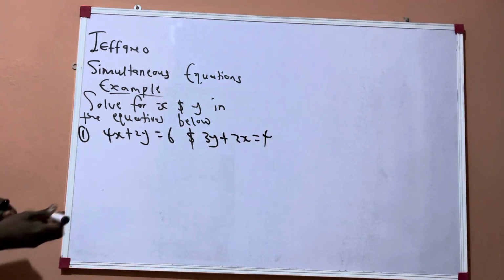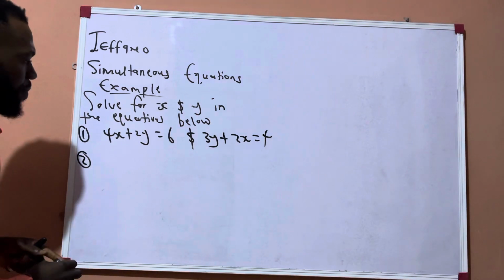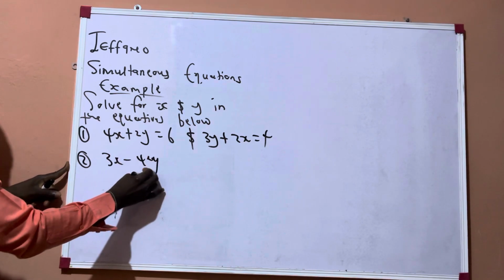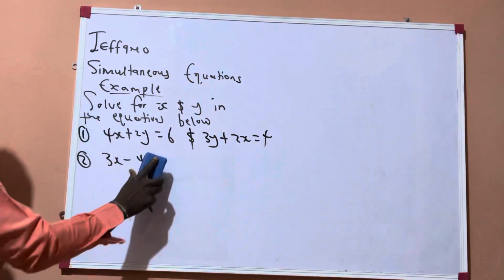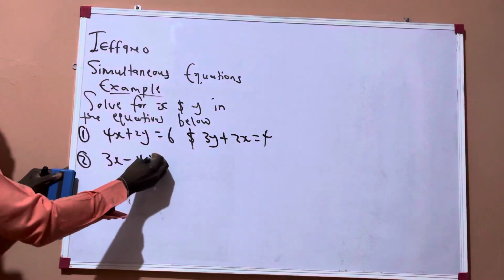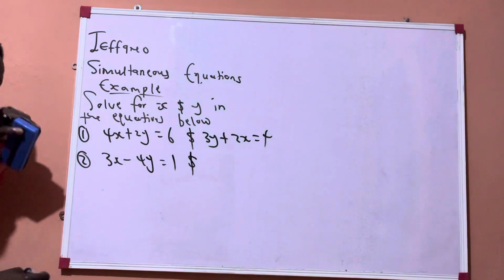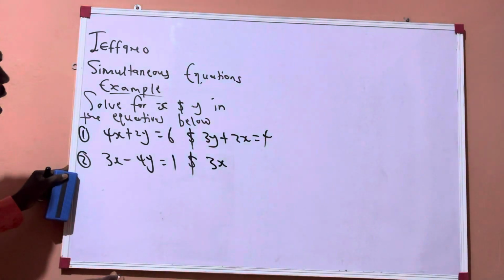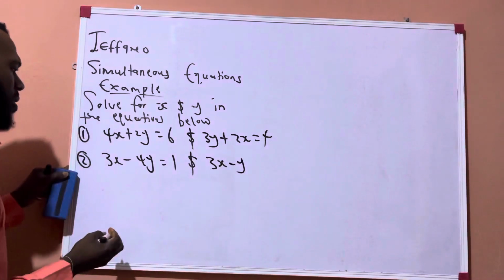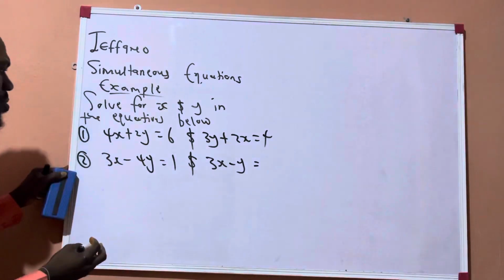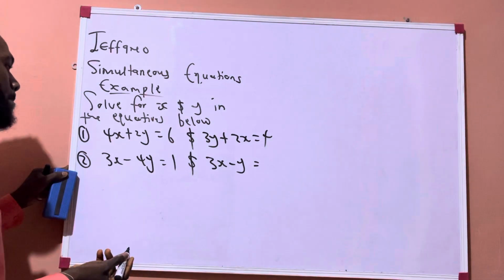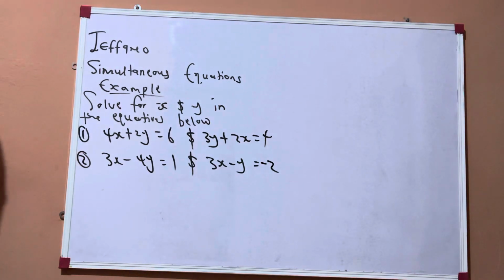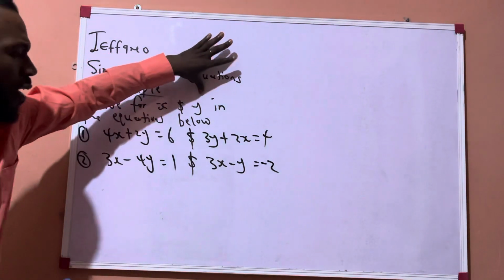Now, number two, let us say, 3x minus 4y equal to 1, and 3x minus y equal to minus 2. Okay, now imagine we are given these two questions to solve, and we are asked to find the values of x and y.